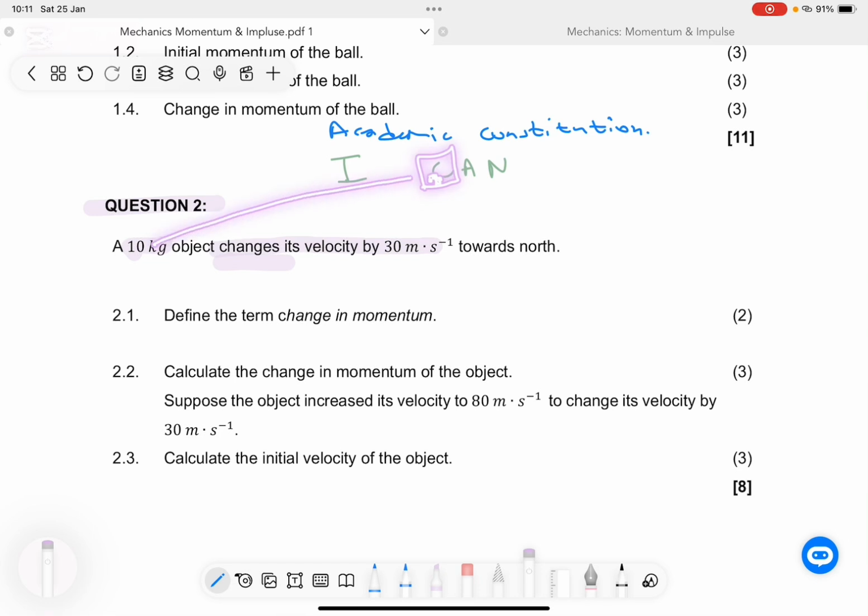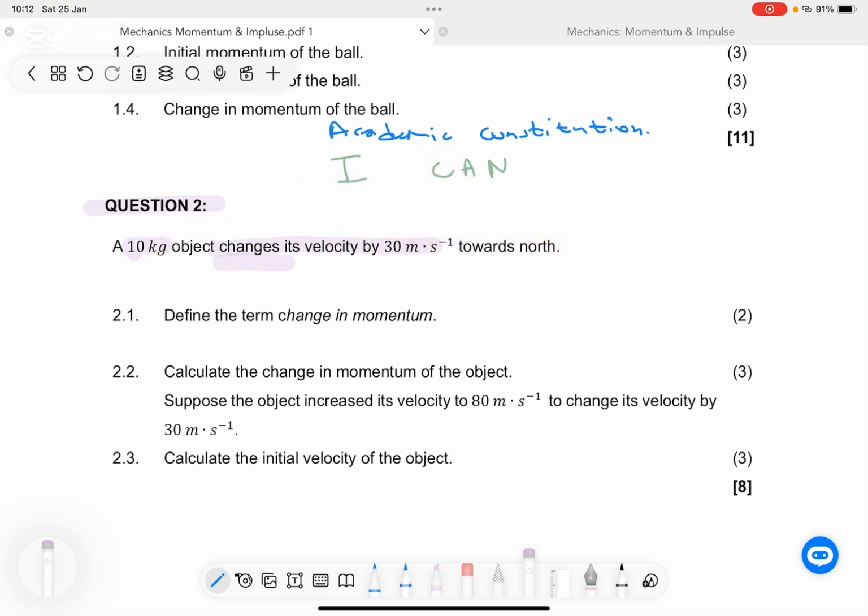When I look at this problem, it's a problem where I'm given the mass and the change in velocity. So I have mass and delta V, and I can see that this will come out to be the change in momentum. So for me, this problem links to change in momentum. I should expect questions that will require me to understand the change in momentum and do calculations around that area.